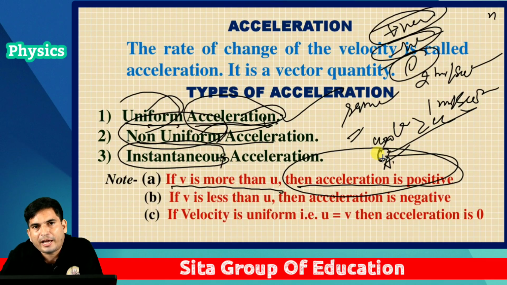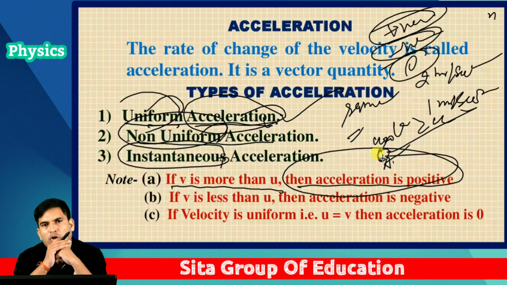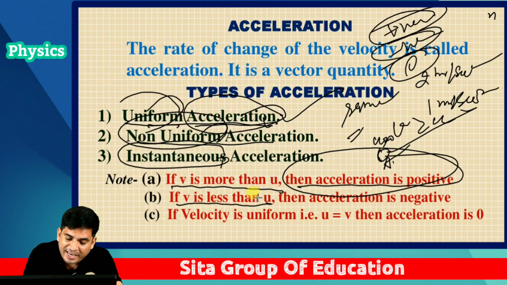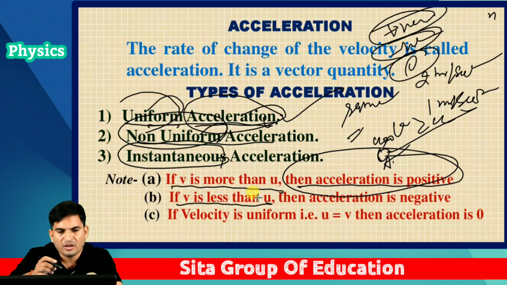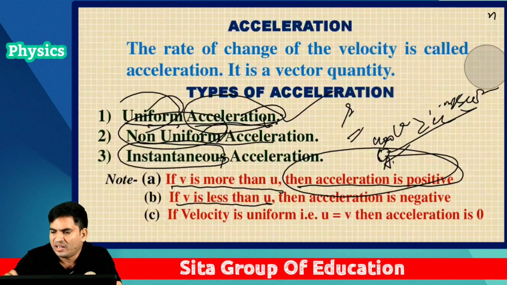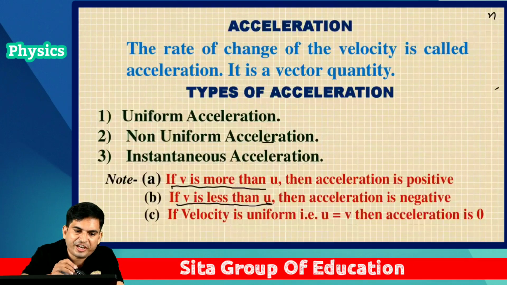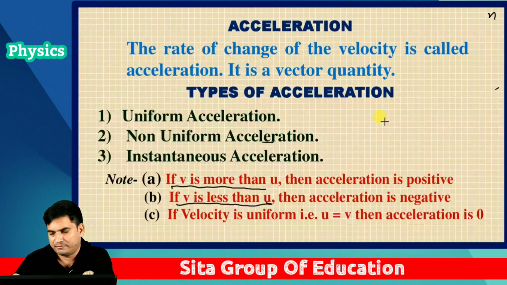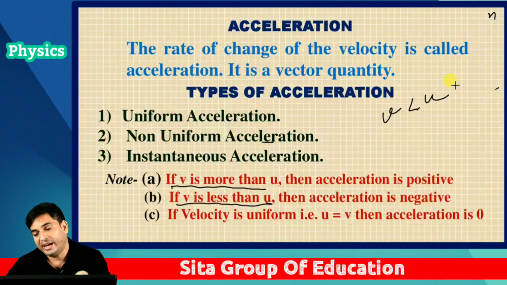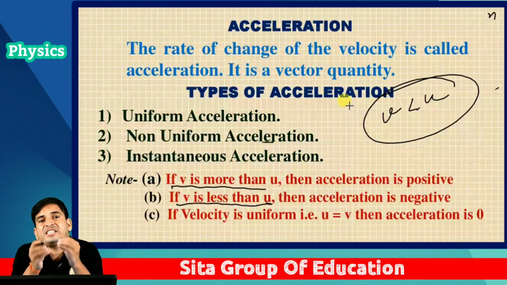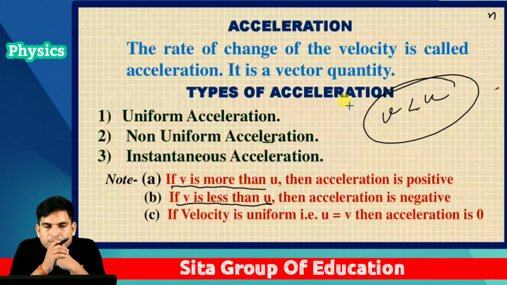Acceleration can be positive. Now the next case, if V is less than U, it means your initial velocity is more than the final velocity.